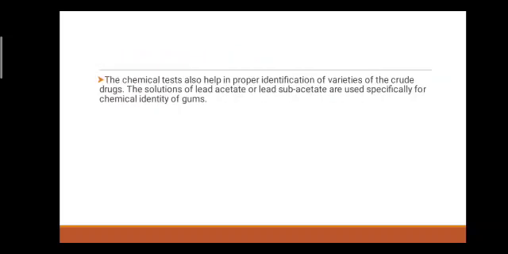The chemical tests also help in proper identification of varieties of the crude drugs. The solutions of lead acetate or lead subacetate are used specifically for the chemical identity of gums.